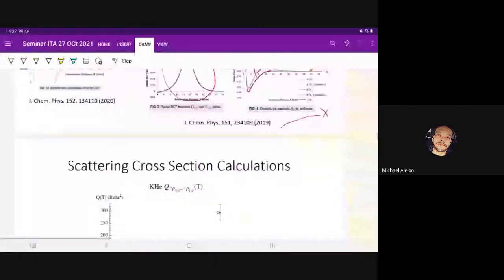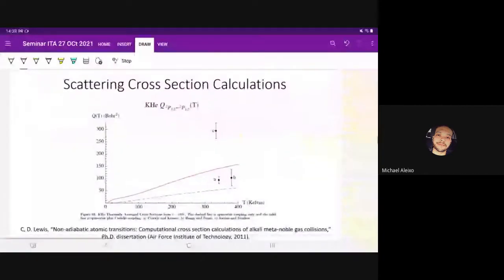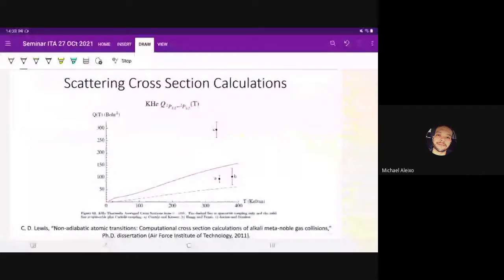And then Dave Lewis took those potassium plus helium derivative coupling terms that I showed you. He also calculated Coriolis derivative couplings, which I won't talk about today. And he came up with a scattering cross section. So he actually did those, the split operator method for calculating the nuclear dynamics, and came up with the scattering cross sections, which you see here.